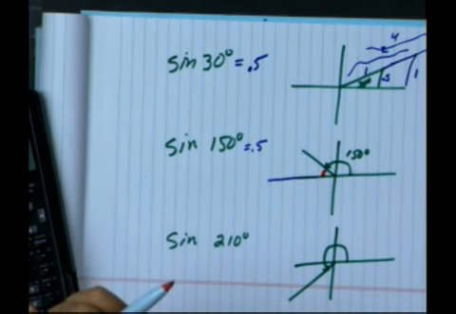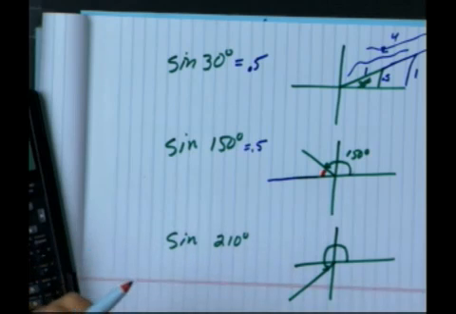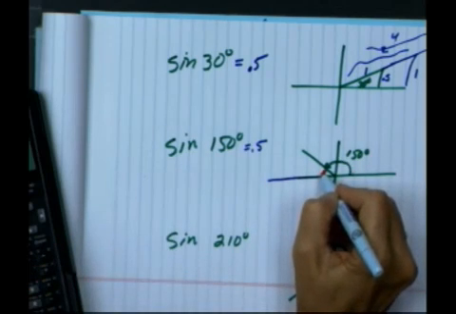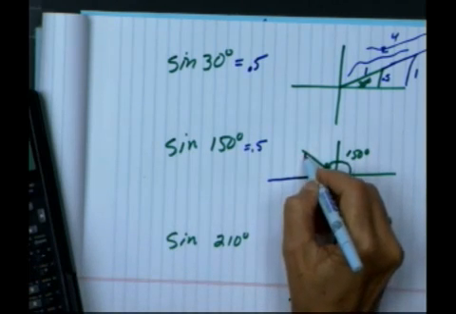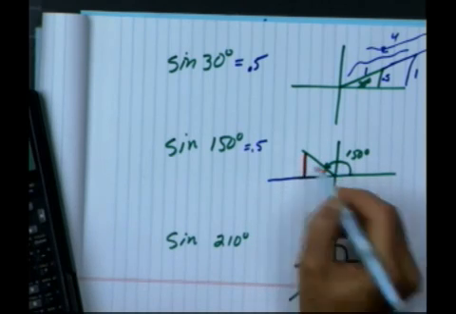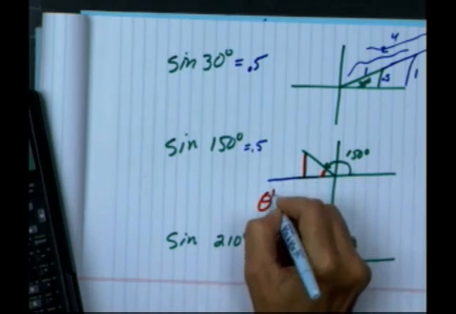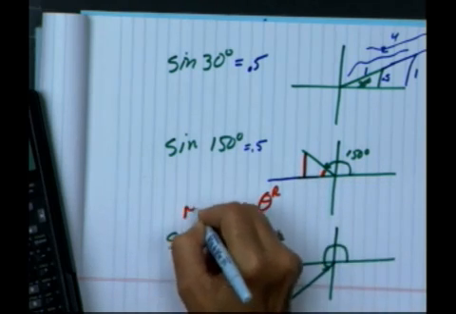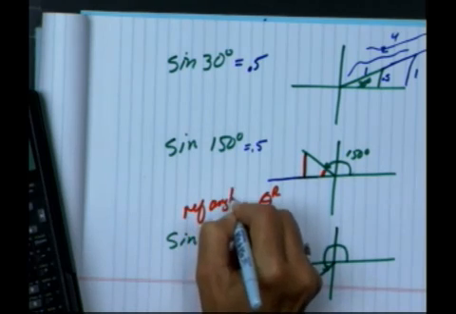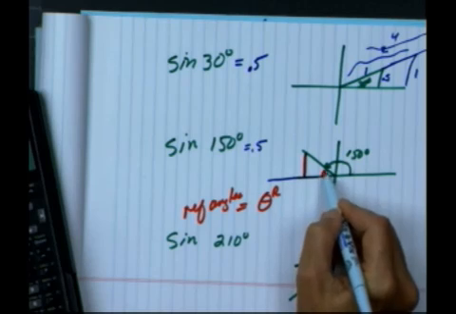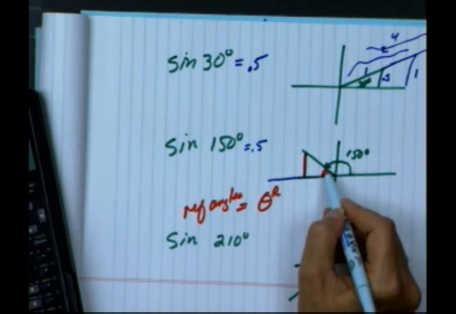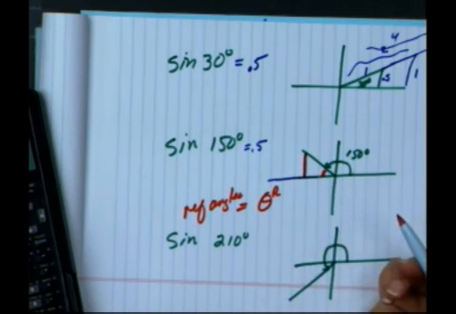Measures between 0 and 90, right? So this is going to be my little reference angle right here, and I'm just going to draw a little reference triangle. I'm going to call this theta r for reference angle. What is the measure of this little reference angle? If this is 150 degrees, what's the measure of the reference angle here? 30.